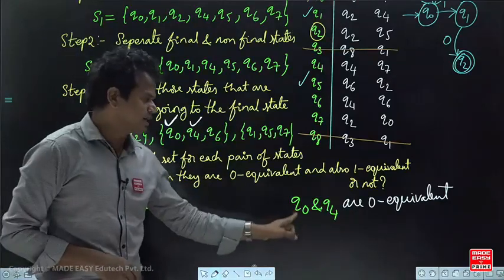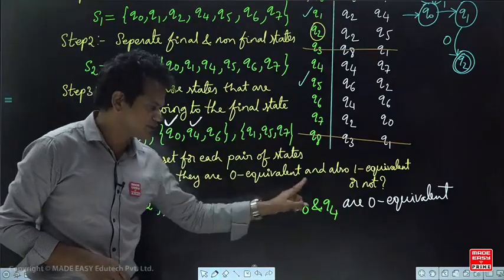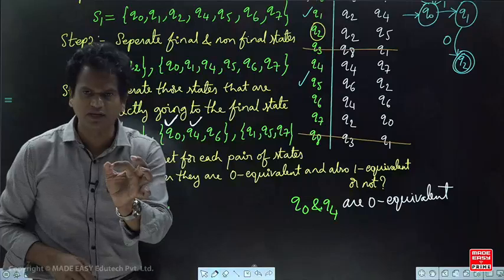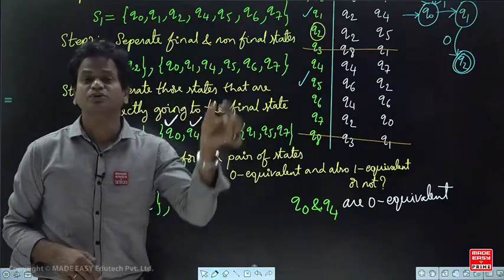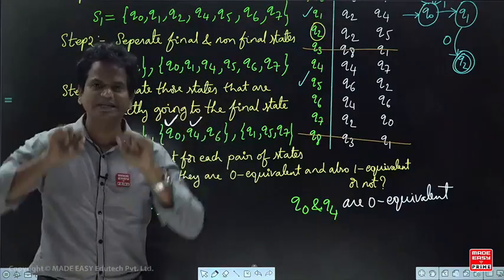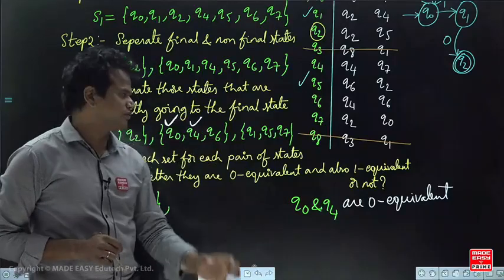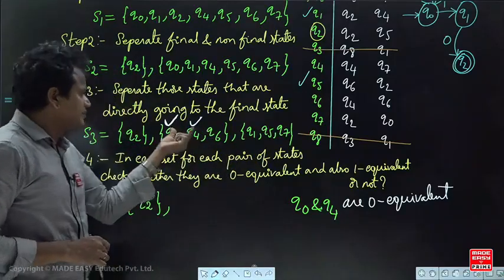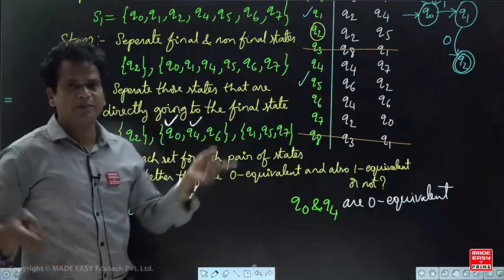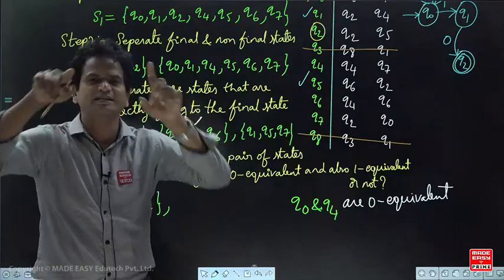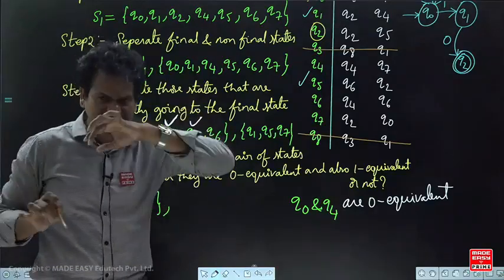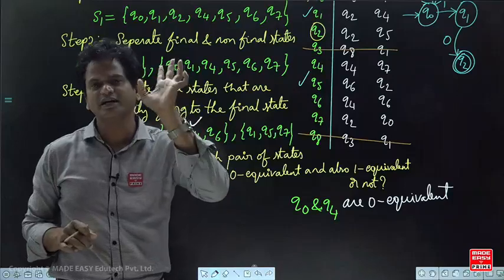No. Q0 and Q4 for input 1 will have some output. Those two outputs must be in the same set. They may be here or here, but both outputs must be in the same set. If in the same set, we say they are one equivalent.